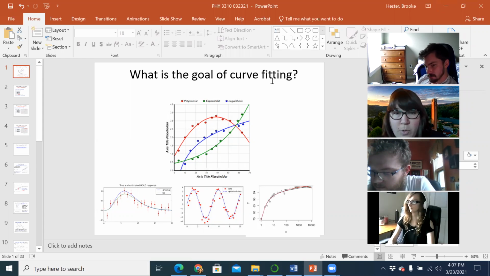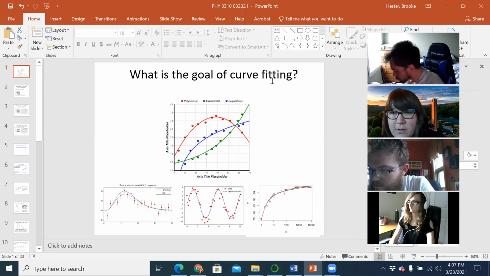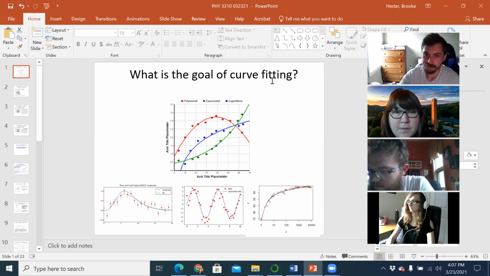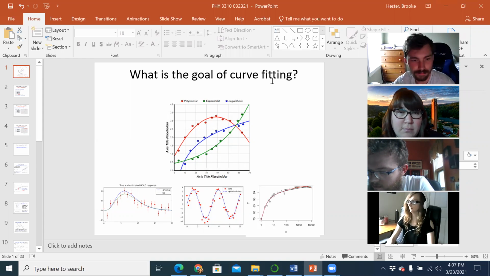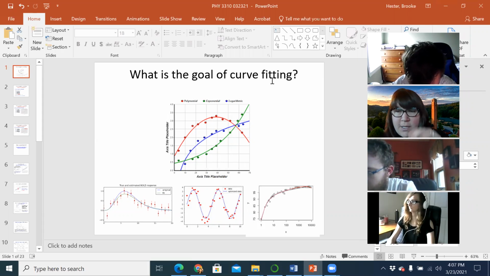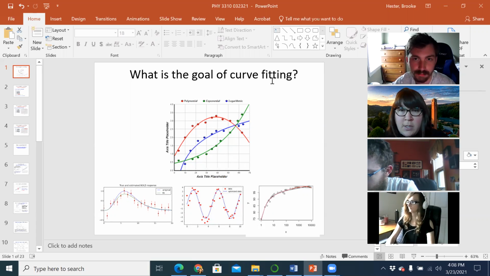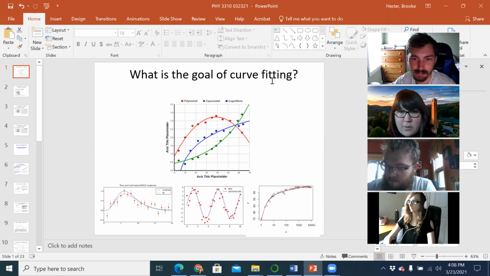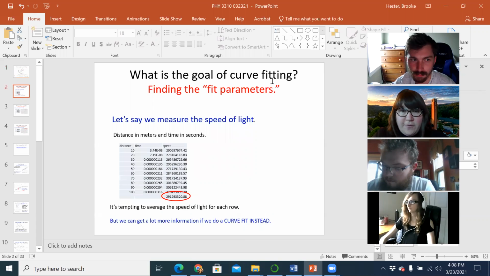All right, so what is the goal of curve fitting? That's the question I asked you last time. When you sit down to write a curve fitting program and you need it to complete its job and give you some kind of result, what it gives you is called the fit parameters.